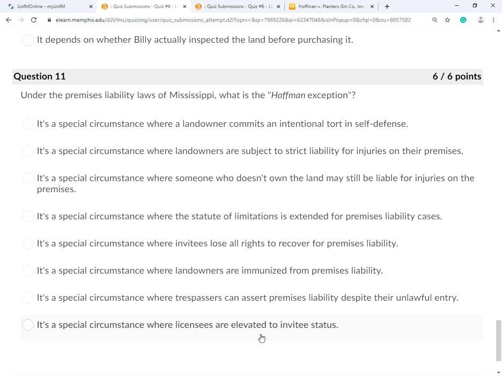And the last answer we can choose from: it's a special circumstance where licensees are elevated to invitee status. I looked at this and thought about it, and my gut said this has got to be the answer that I'm looking for. I wish I had a better way of explaining why I picked this answer, but this is kind of what I went for in my gut feeling.